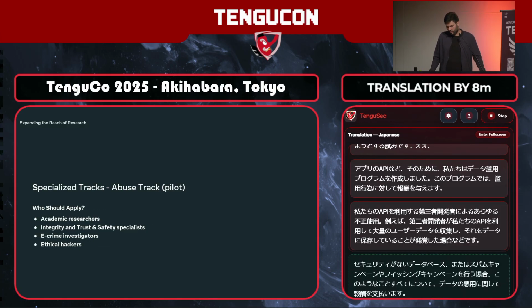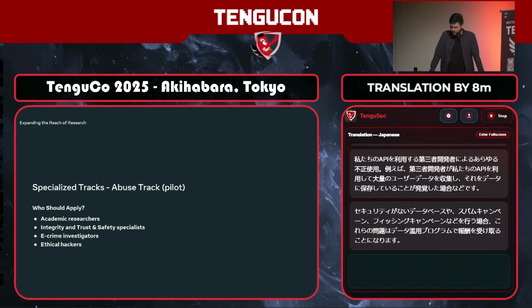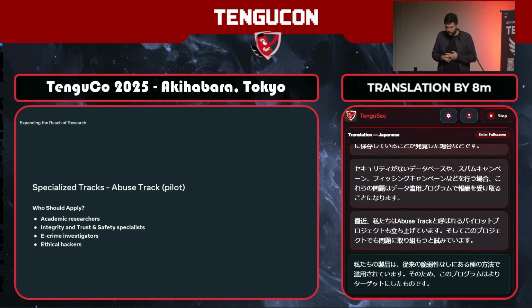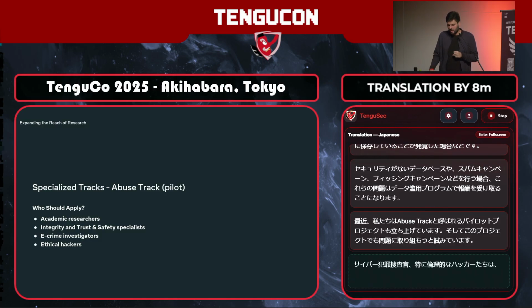Recently, we are also launching a pilot called the Abuse Track, and this one is also trying to address the issue of our products being abused in certain ways without a traditional vulnerability. This program is more targeted towards academic researchers, trust and safety specialists, e-crime investigators, and ethical hackers, who are specialists in these kinds of areas.